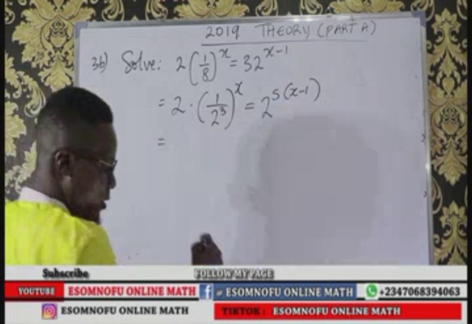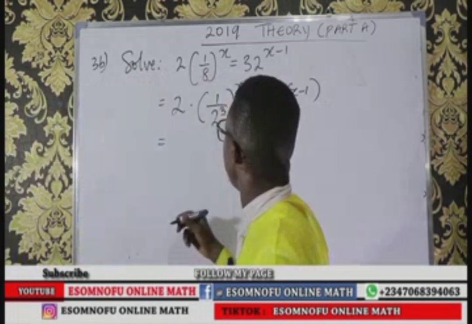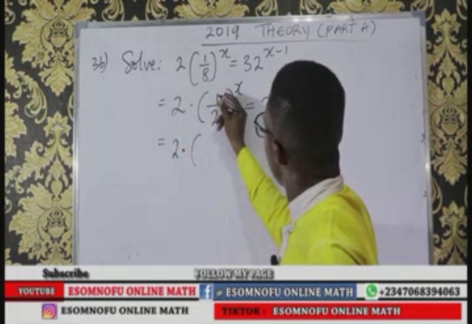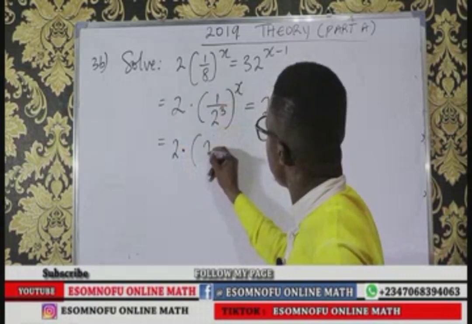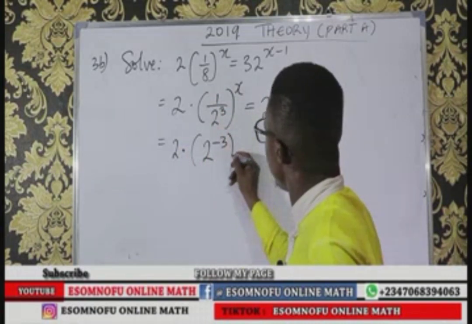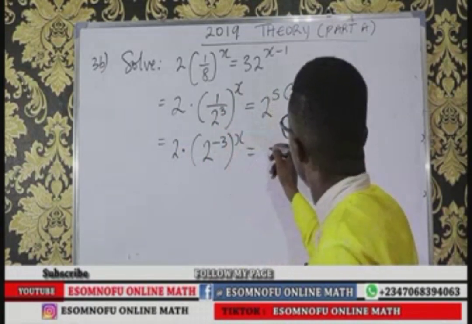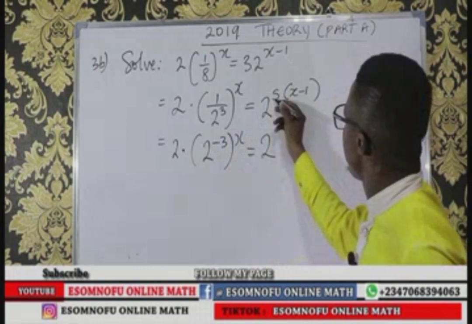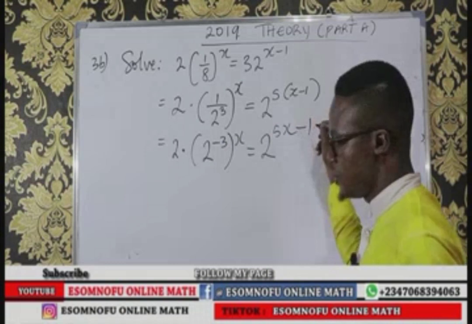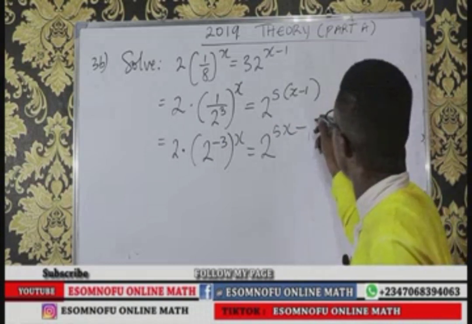So this will now give us 2 multiplying 1 over 2 to the power of 3, which is the same as 2 to the power of minus 3, then bracket x, equals 2 to the power of 5 times x is 5x, and 5 times minus 1 is minus 5.